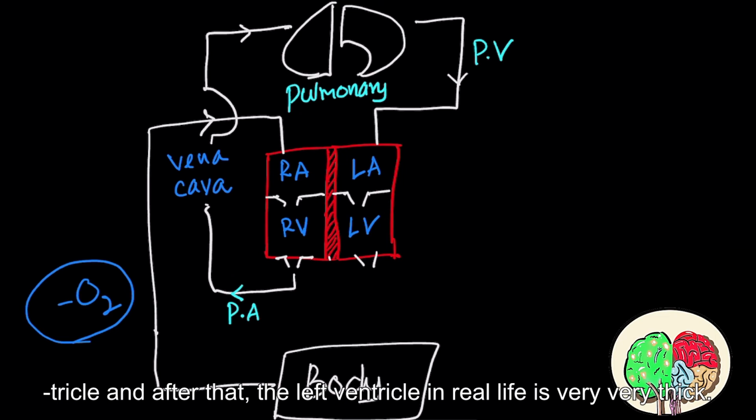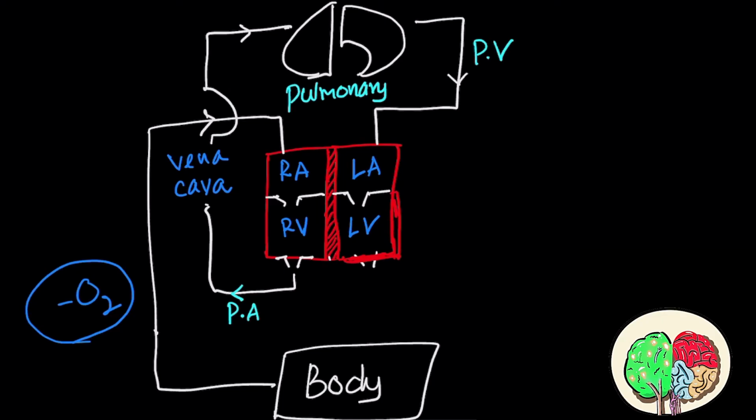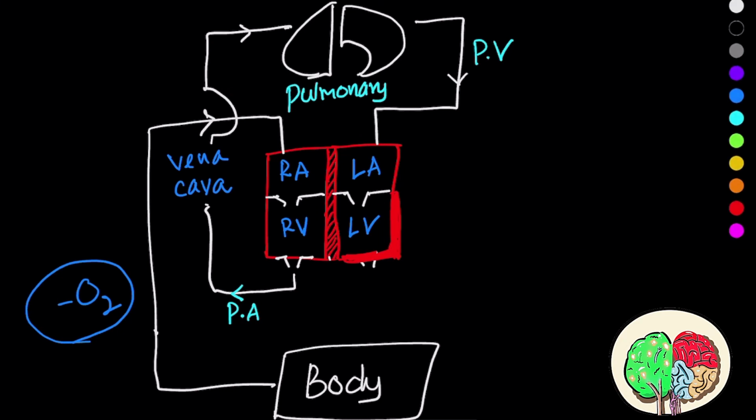The left ventricle in real life is very thick and strong, very muscular, because it is responsible for pumping the blood towards the whole body, right? So we call the blood vessel that carries the highest blood pressure inside our circulatory system the aorta.